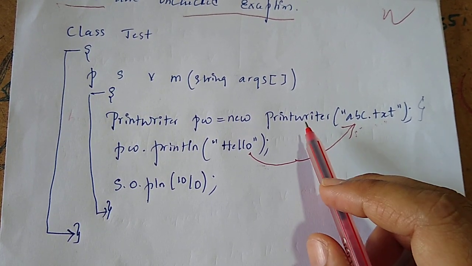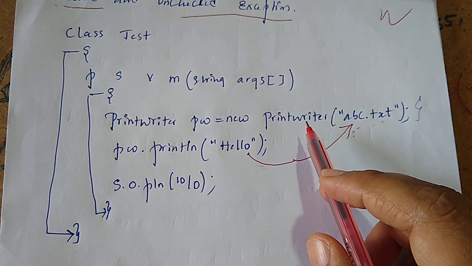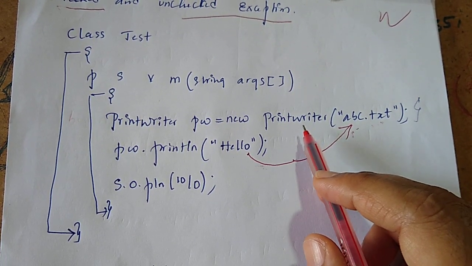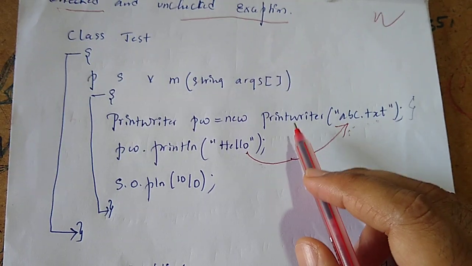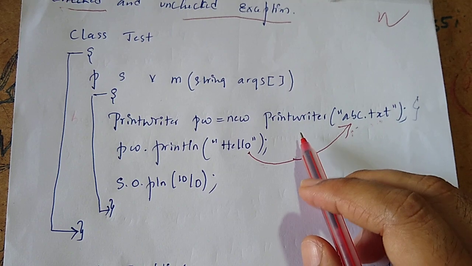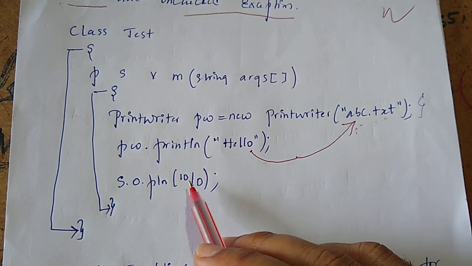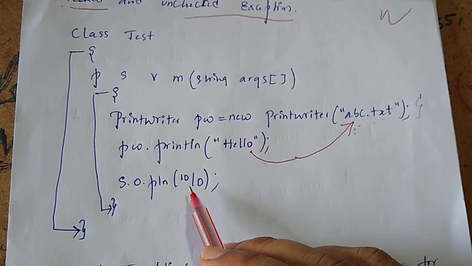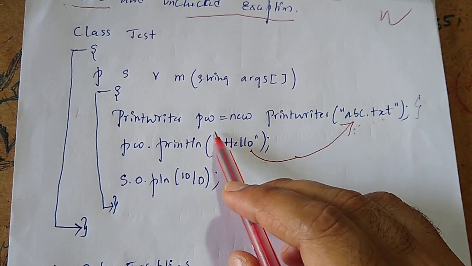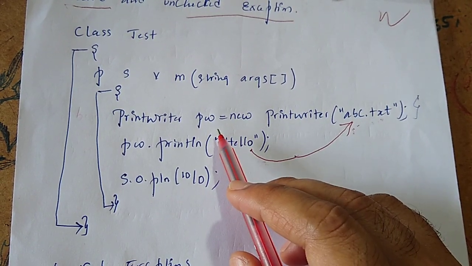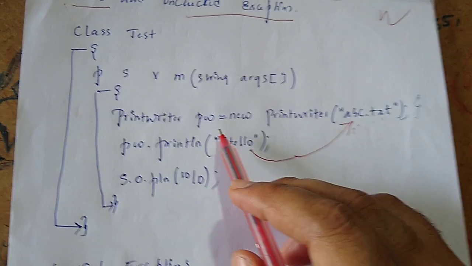So better handle that, to make your program run smoothly. The compiler is telling you that you may get an exception at this line, so handle it. Here also we will get an exception, but the compiler is not giving any message. Exceptions for which you get a message from the compiler during compilation time, we call checked exceptions.